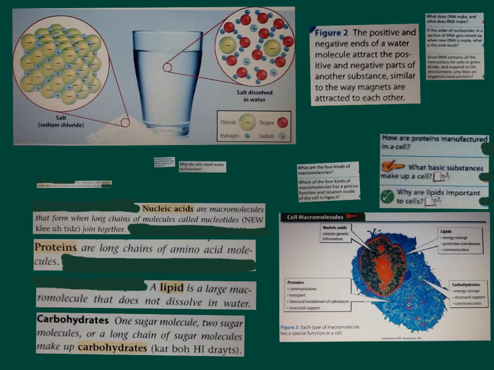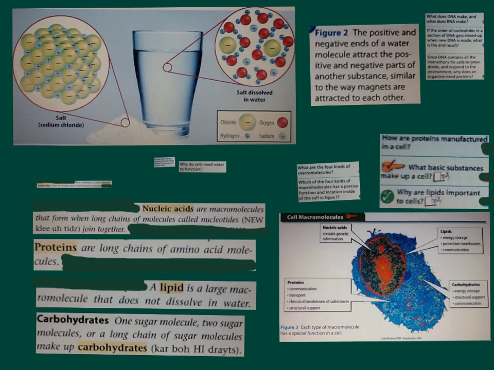Okay, let's talk about the water molecule. In the reading, it stated that a negative end can attract a positive part of another molecule or another substance, and that a positive end can attract the negative part of another substance.